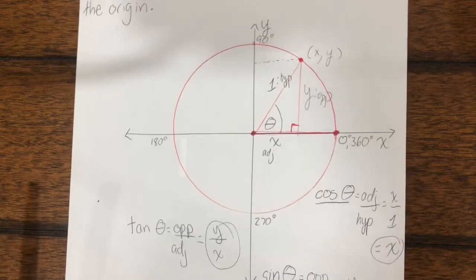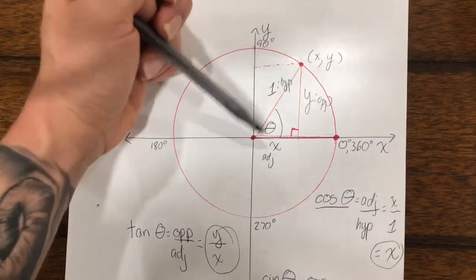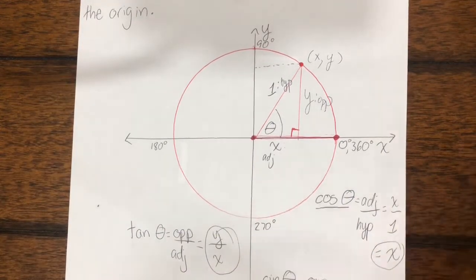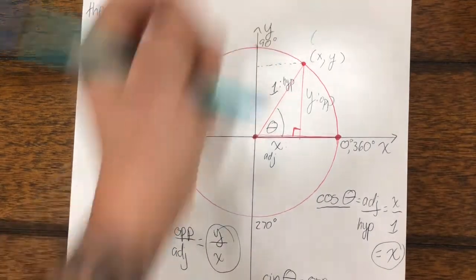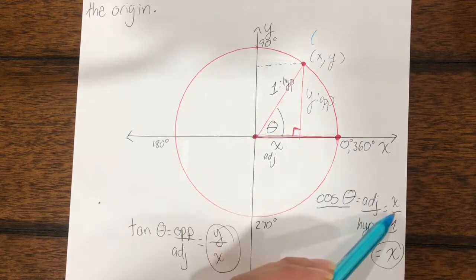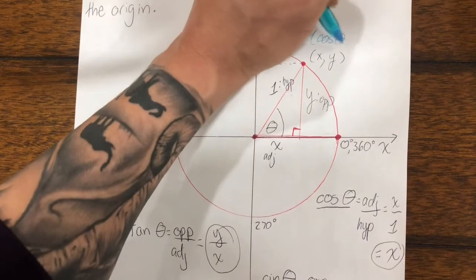So if we take a look, we see we have this x and y coordinate, which is the intersection of the terminal side and the unit circle. So what I can do is substitute x as cosine of theta, since cosine of theta equals x.